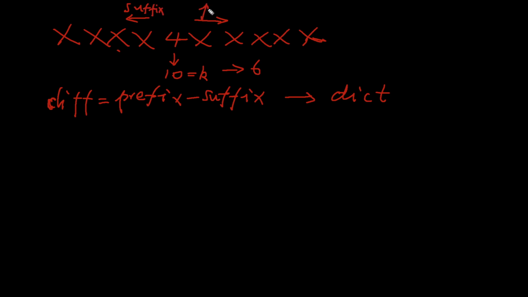And all the prefix to the right of 4 will be increased by 6, right? So as you guys can see, depending on the index in this array, and comparing with the current one, let's say the current one is I, this one is I, right?